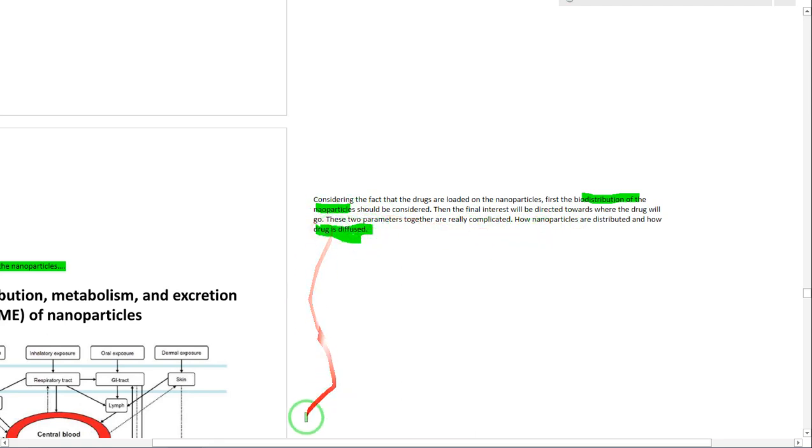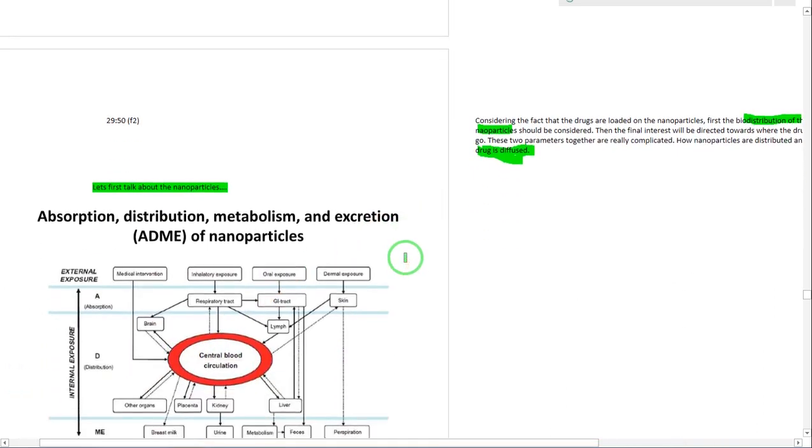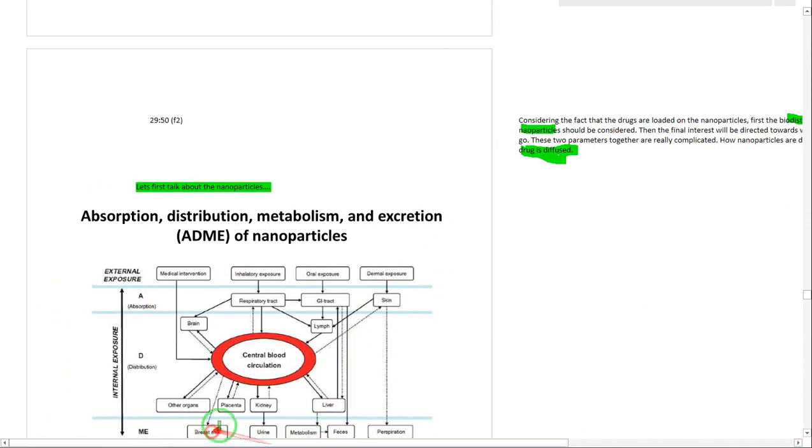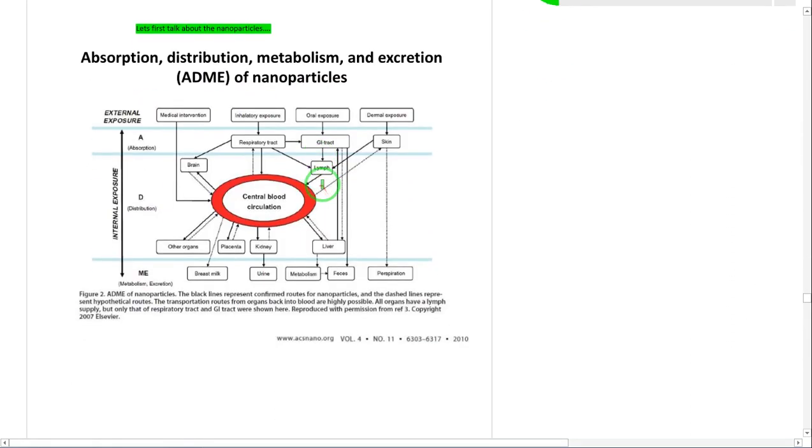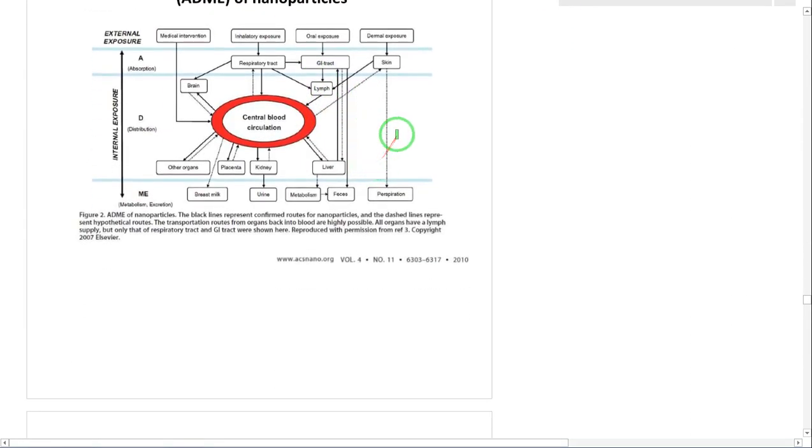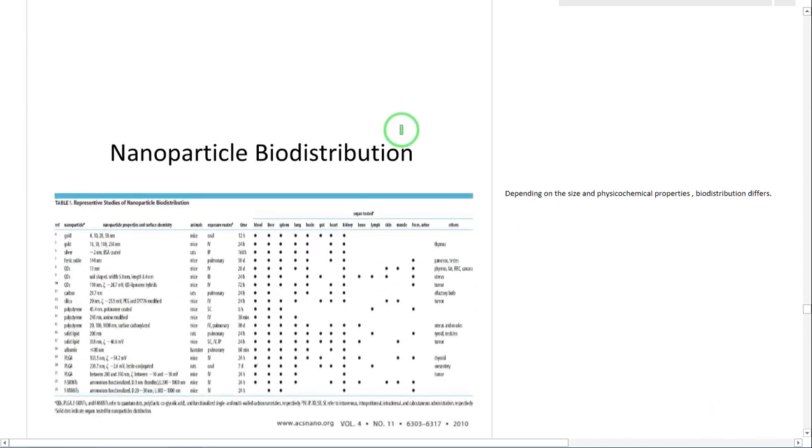So there are two factors, and considering these two factors together is going to be so complex. But for the moment, let's just consider the time that we have only the nanoparticles in the system, and let's see how their distribution is going to be affected.